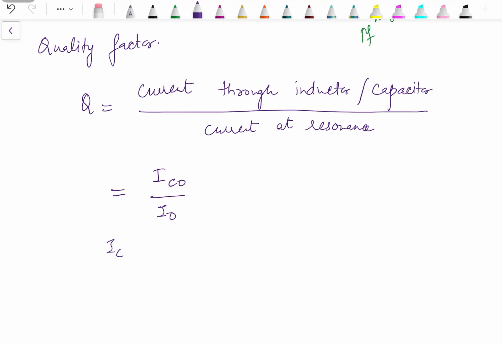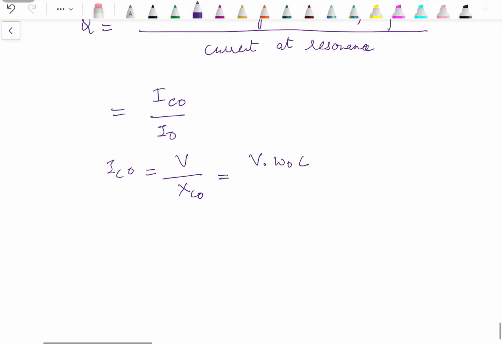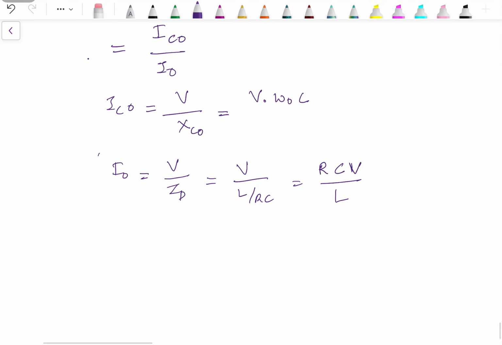IC naught will have the value V upon XC naught, V into 1 upon omega naught C. I naught is equal to V upon ZD, that is the dynamic impedance, so V upon L by RC, or V RC upon L. Let's substitute these values over here.